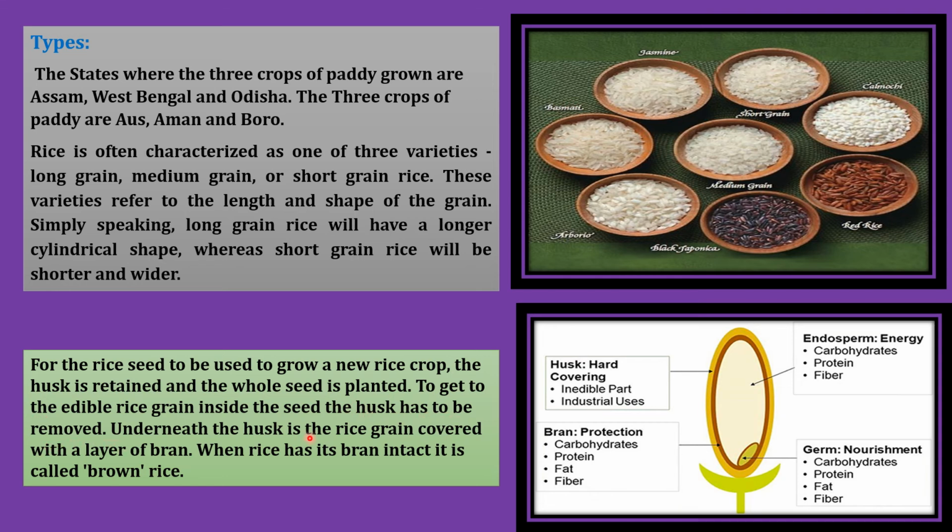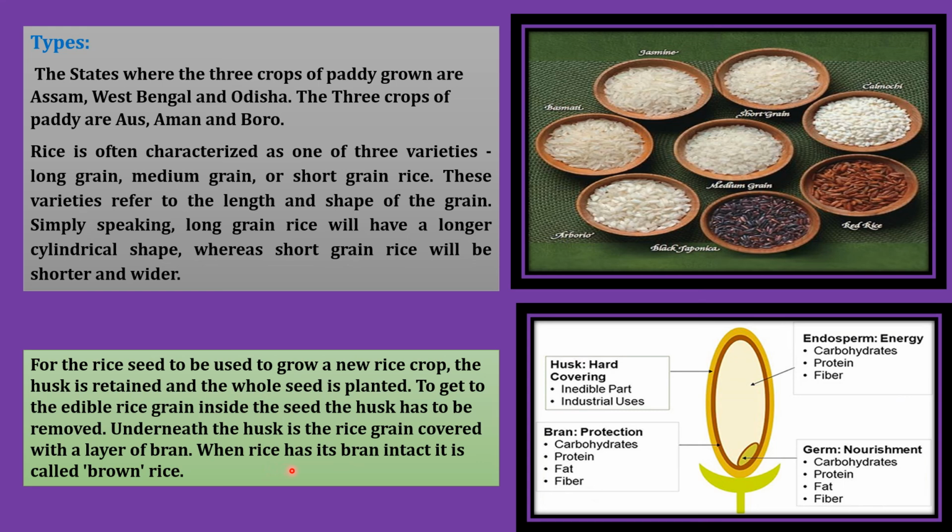Because husk is the inedible part, for making it edible the husk, or outer covering portion of the rice, should be removed. Underneath the husk is the rice grain covered with a layer of bran. Nowadays you have heard about bran oil. Rice bran oil is prepared from this bran.